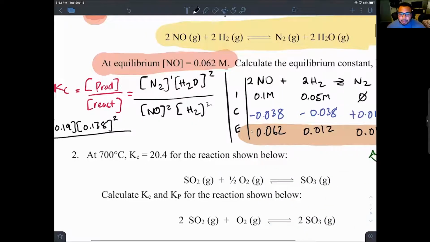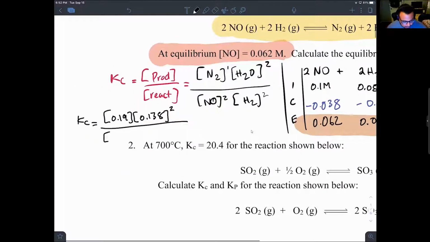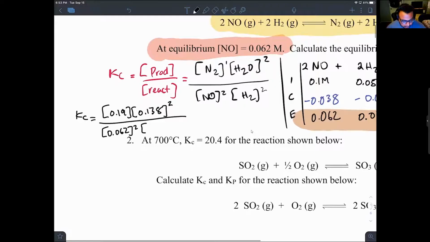Concentration of NO at equilibrium is 0.062. And that's going to get squared as well. And then H2 has a concentration of 0.012. And we're squaring them. Then finally, I can just plug this in, and we will be done. 0.019, 0.138 squared.